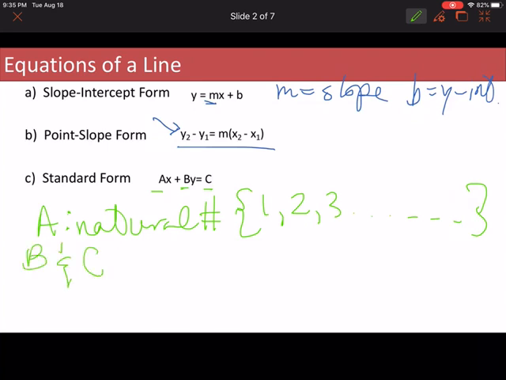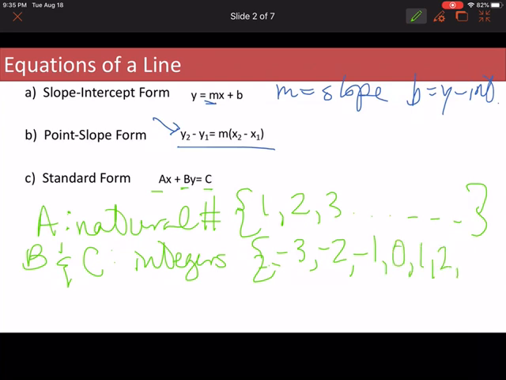B and C are a set of integers, which is -3, -2, -1, 0, 1, 2, 3. So it can be positive and negative, but no fractions, no decimals when we talk about standard form.